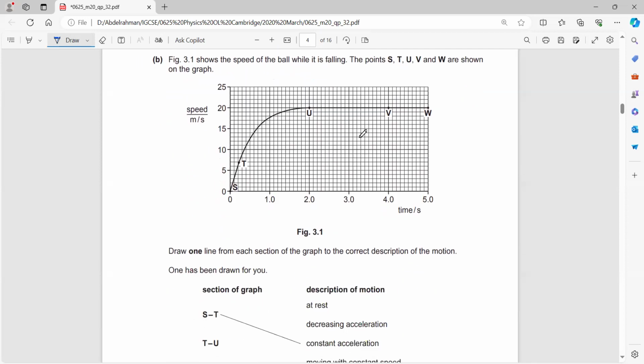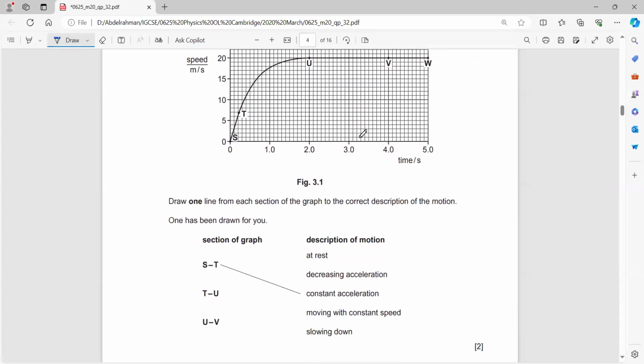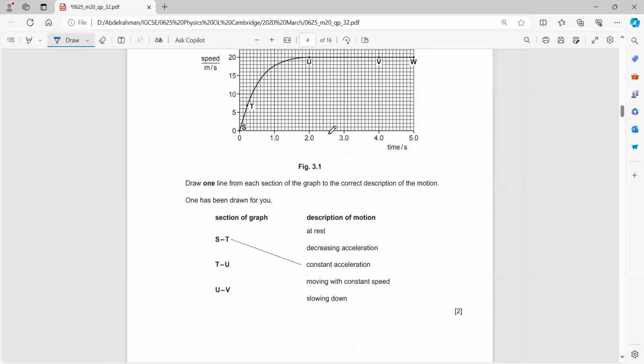Next question. Draw one line from each section. ST was constant acceleration. TU, what was happening in TU? Decreasing acceleration.